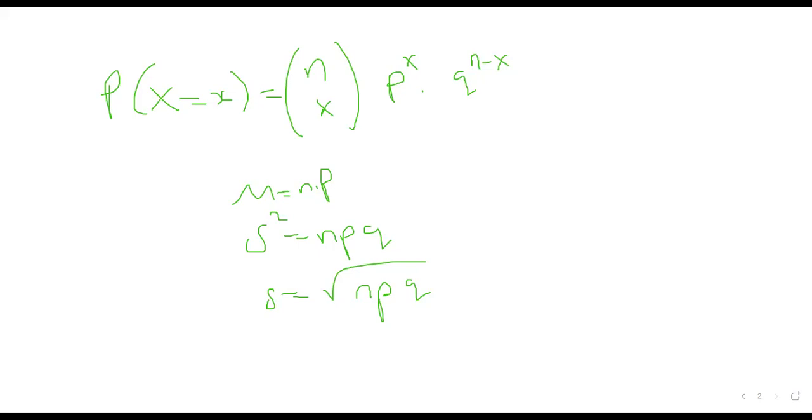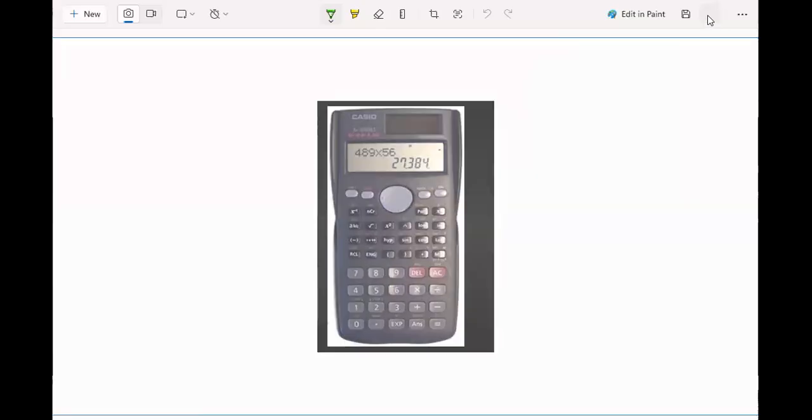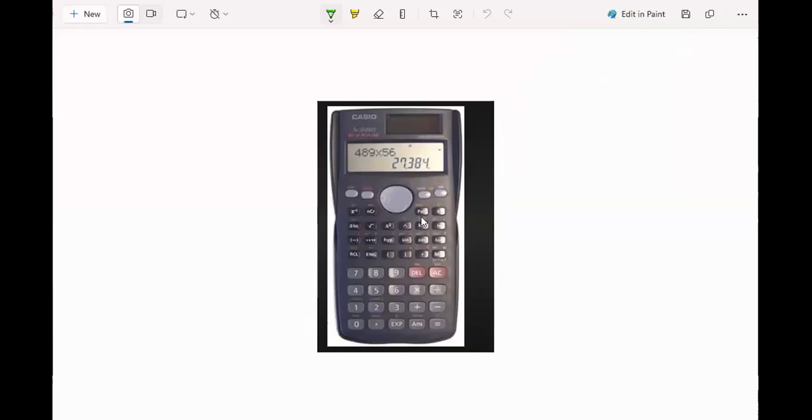So we have a Casio calculator, which is the easiest calculator to use. It looks something like this. So this calculator has a combination function here.